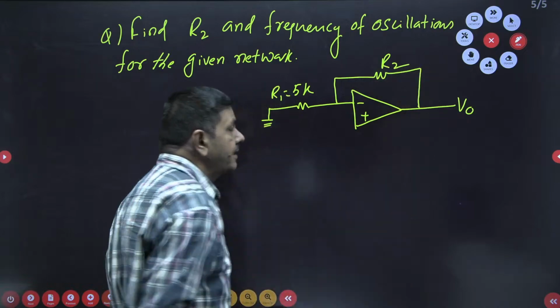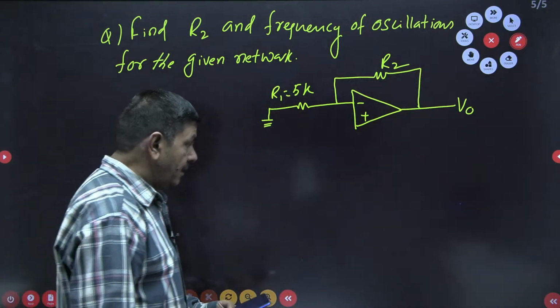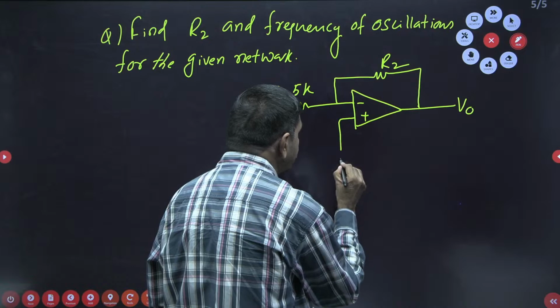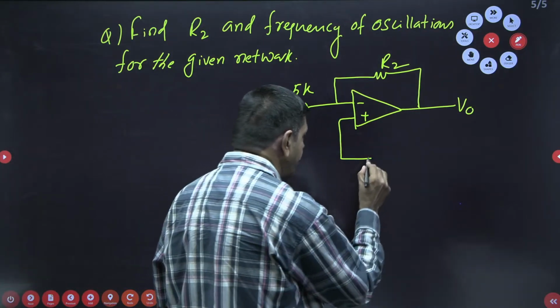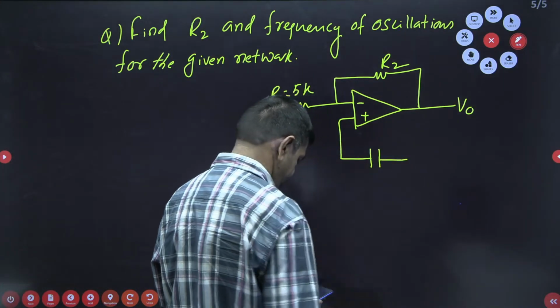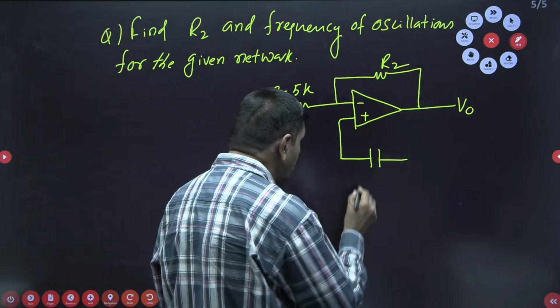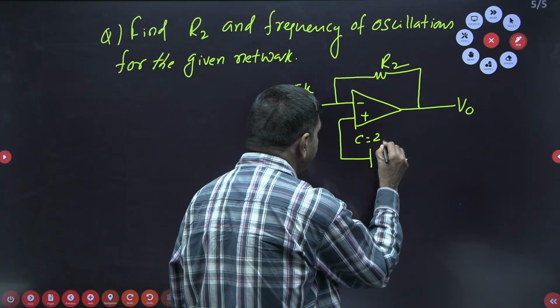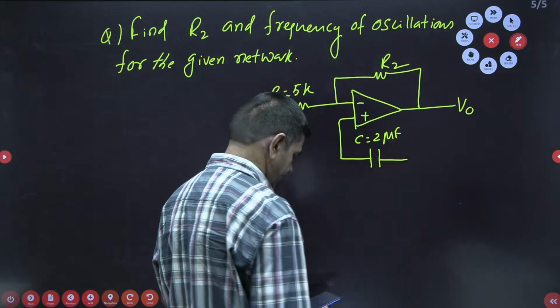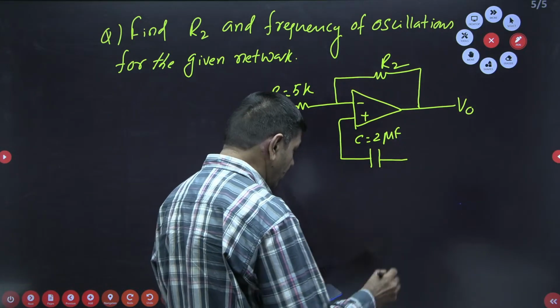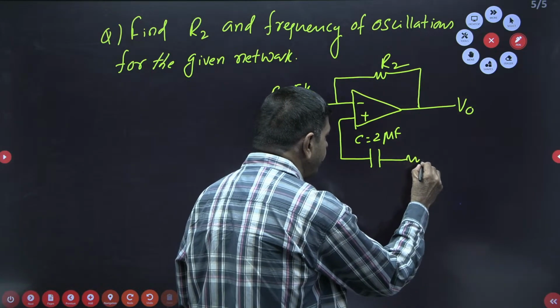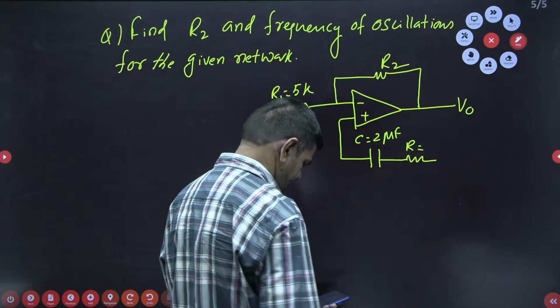The positive terminal is connected with a capacitor, C equal to 2 microfarads, and also R equal to 6K is given.